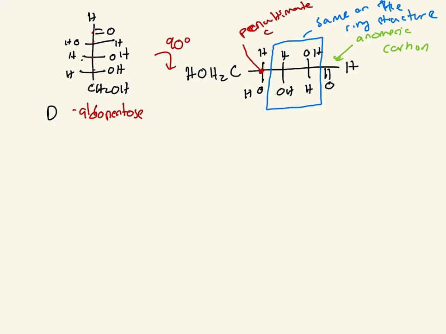And so what happens, and this isn't something that you're tested on, is that this aldehyde part of the functional group reacts with the alcohol side of the penultimate carbon, right? And if these two come together, they're going to form a hemiacetal.